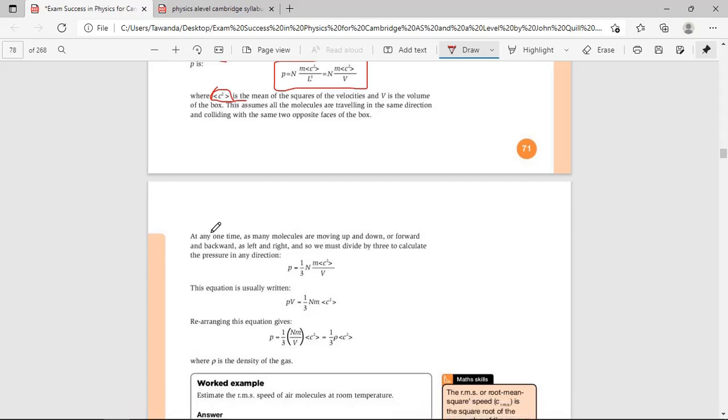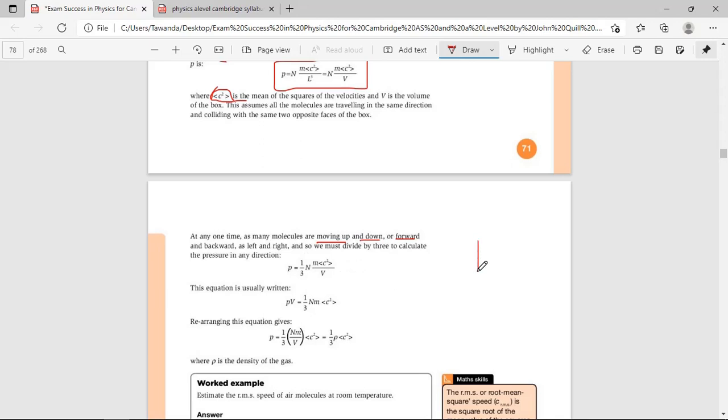Because at any time the molecules are moving up and down, forward and backward, left and right. So we must divide by 3 to calculate the pressure. Dividing by 3 means we have a 3-dimensional space.